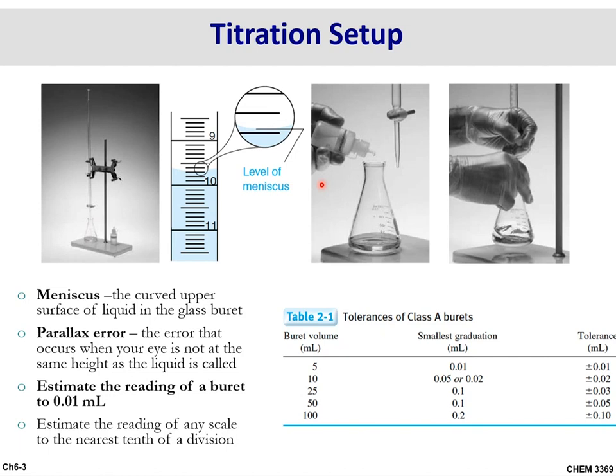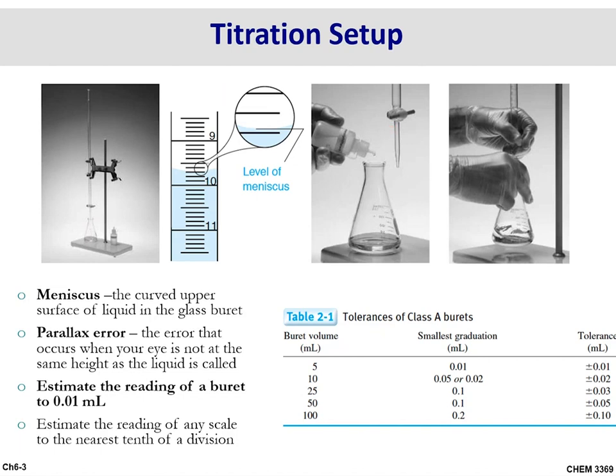Okay, so let's go back to the burette for a second. The burette is a precisely manufactured glass tube with graduations enabling you to measure the volume of the liquid delivered through the stopcock, the valve, which is located at the bottom. So that's the stopcock. Now the numbers on the burette increase from top to bottom.